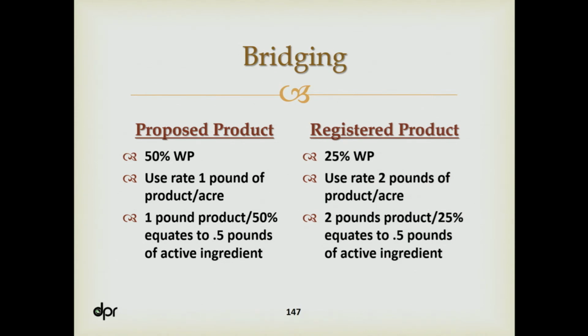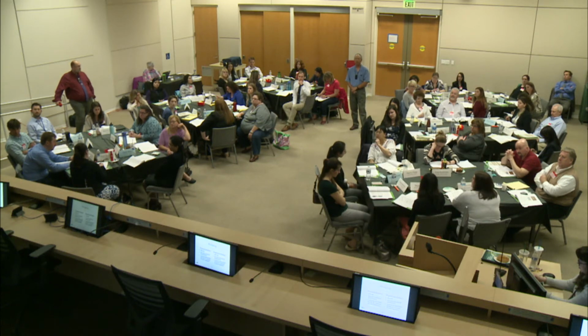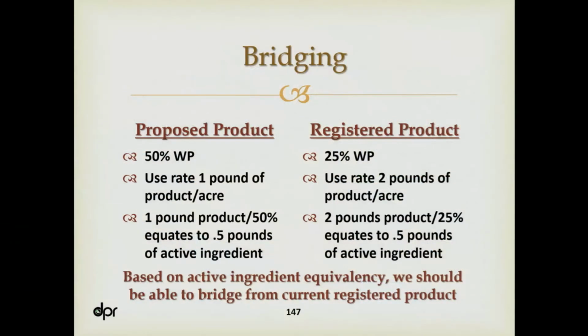Now, what we do is take a look at these two products, and one of the biggest things we're looking at on the efficacy portion is the equivalency based on the active ingredient. So if you look at the way it's been calculated out in rate, this would be equivalent for the most part. So we should be able to bridge from that. Now, that being said, this is dealing with the efficacy portion.